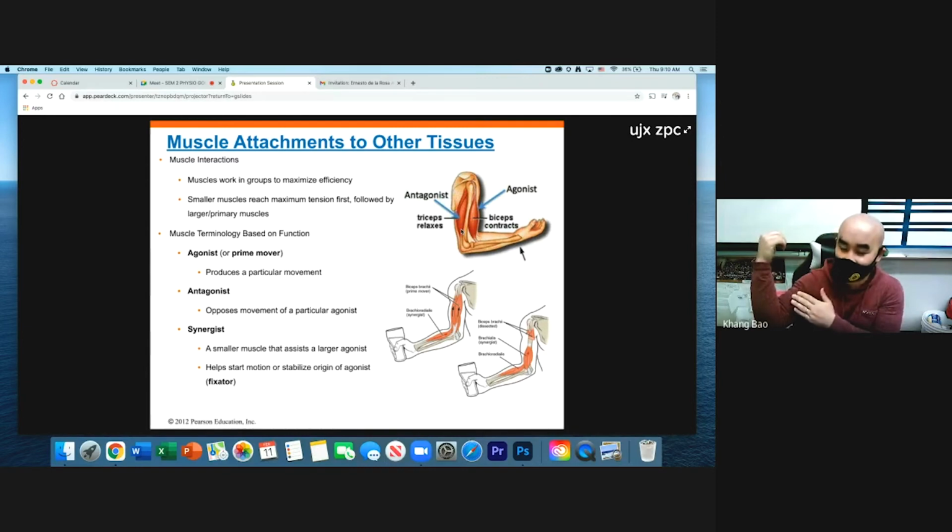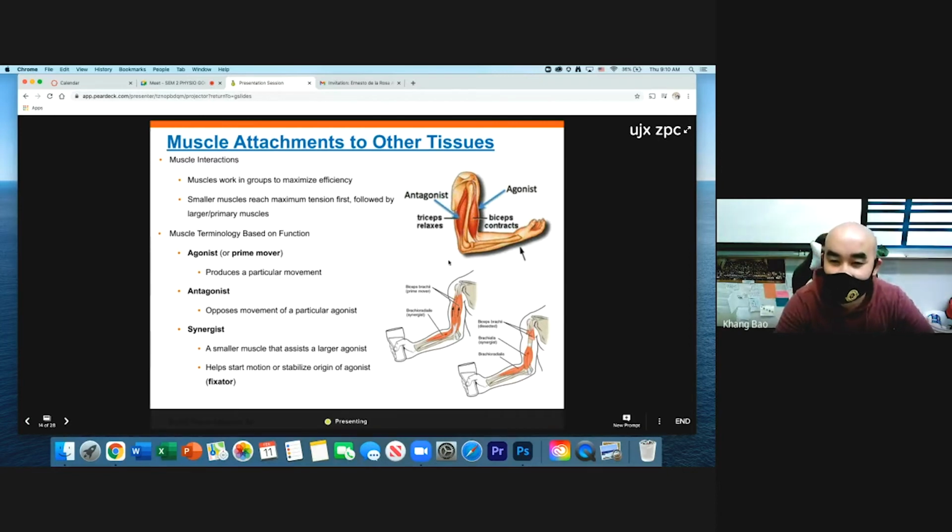If your bicep contracts, your tricep in the back here will relax. You can feel it. It's not as tense, right? So agonist, antagonist, and then you have other muscles like the brachioradialis, smaller muscles in the forearm that work together to help you flex as well, called synergists. So those are the three terms. Make sure you review them as well.